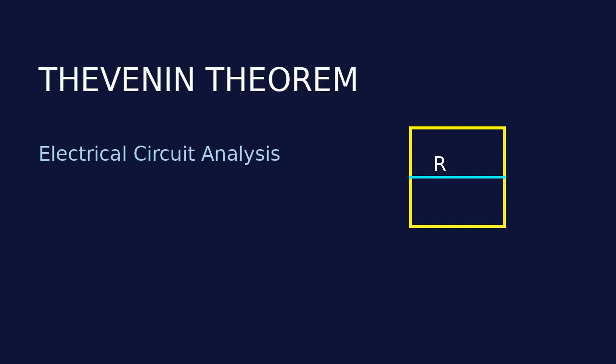the following steps are followed. Step 1. Identify and remove the load. Select the terminals A and B with which you want to analyze the circuit, and remove the load resistance or another variable component from those terminals. Step 2.